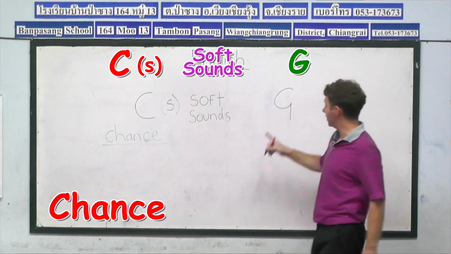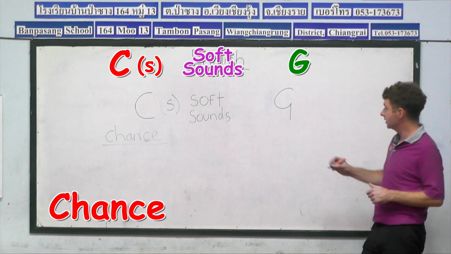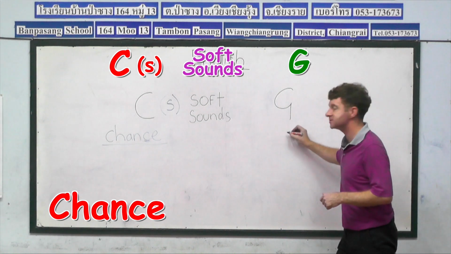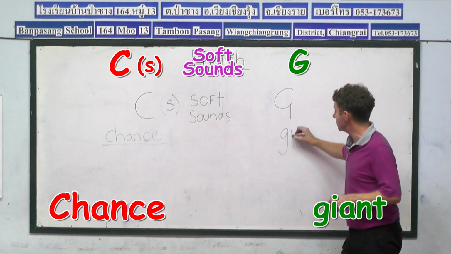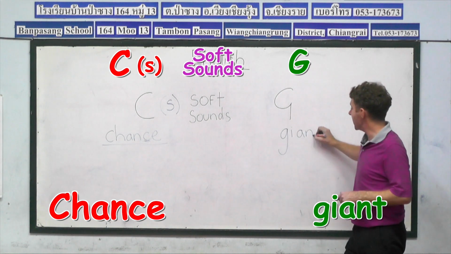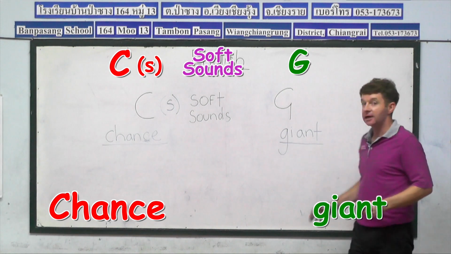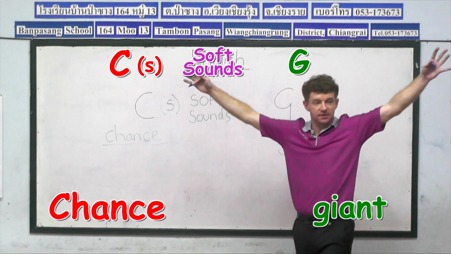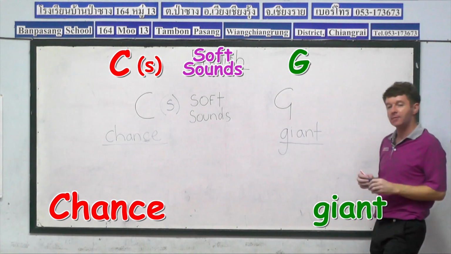Okay, now what letter do you see here? G. Okay, but if I write the word, let's see, I don't know, G-I-A-N-T. Giant. Giant. Now, what do you notice about the sounds of the letter G?